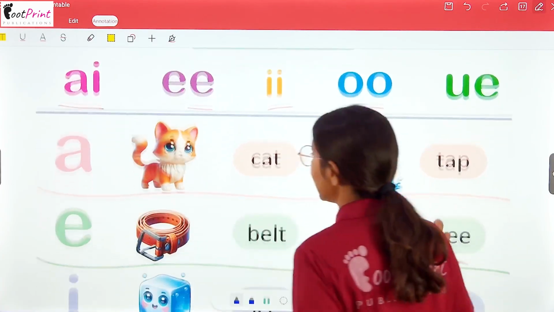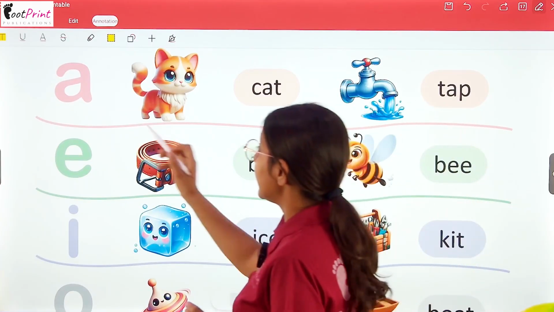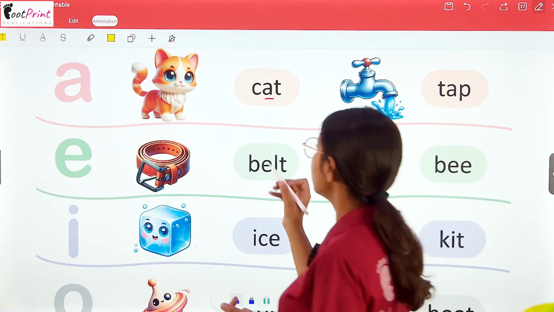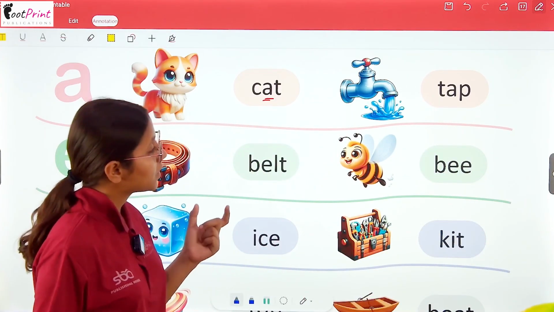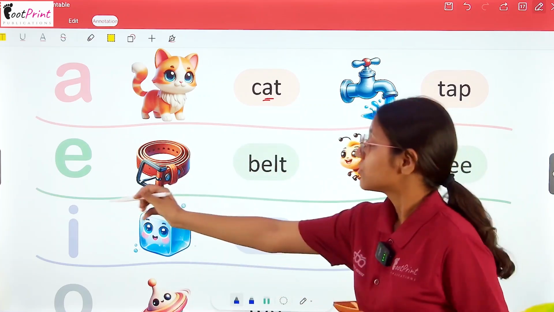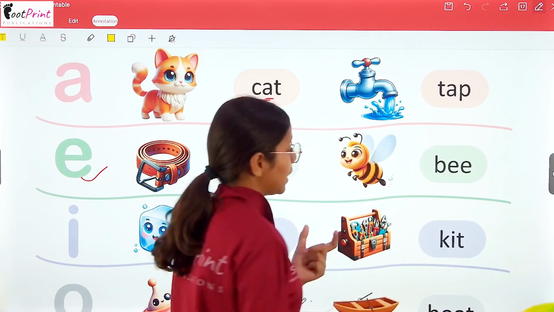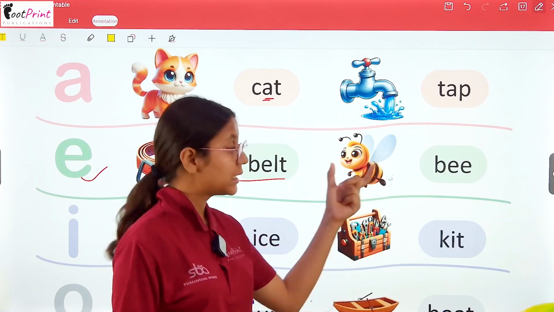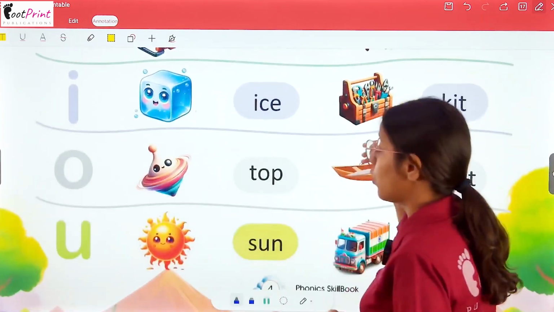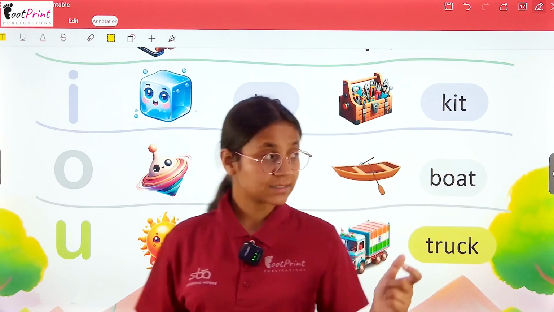So, let's read some words which start with this. A, cat, cat. Here, A is in the middle. Now, tap, T-A-P, tap. Now, E, belt, belt. Now, ice, ice.